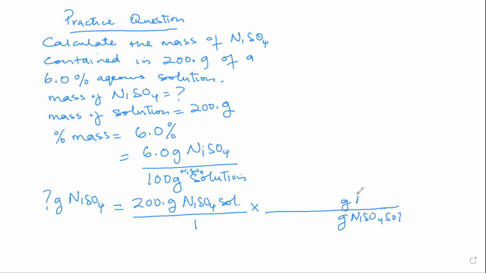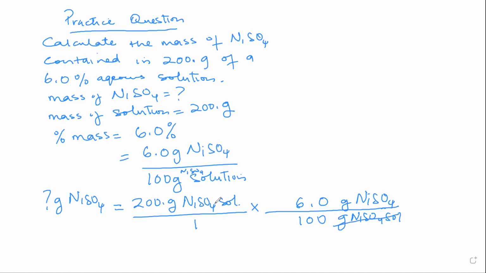What we want is always on top. And we are using this as a conversion factor. So that should be 100 grams, then 6.0.